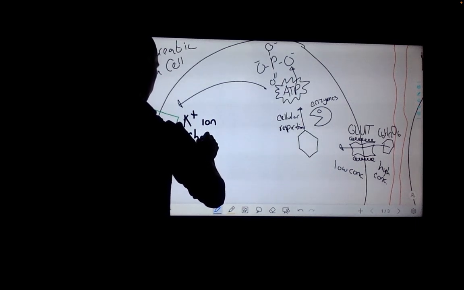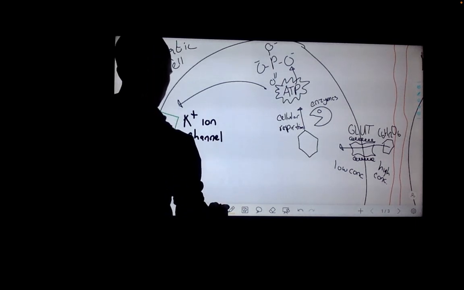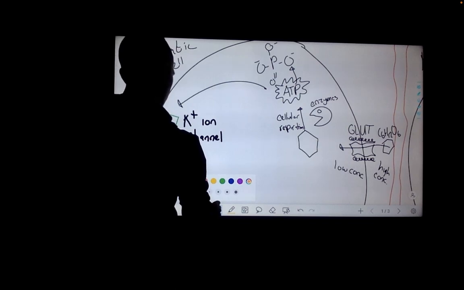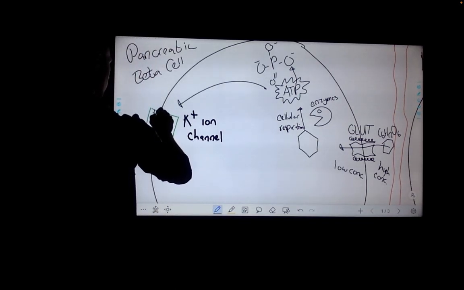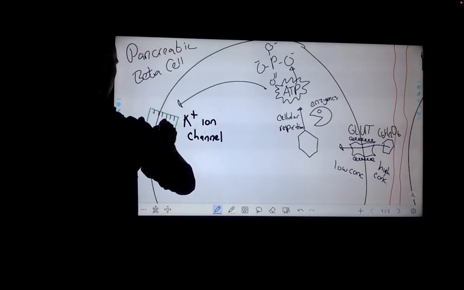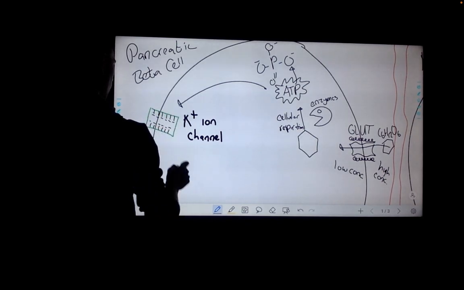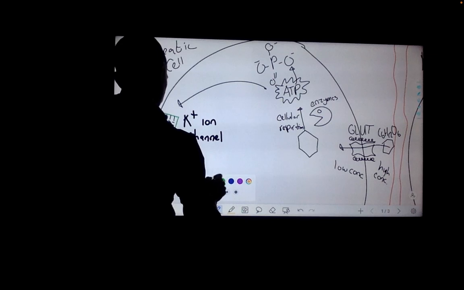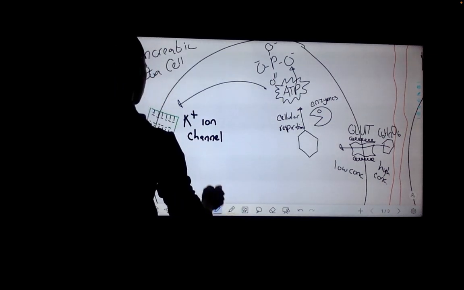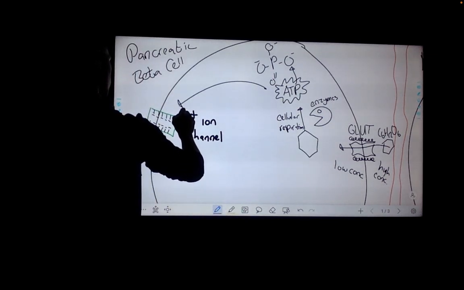This is a potassium ion channel, which means it's a protein that looks like a tunnel, and it allows positively charged potassiums in and out of the cell. That probably means that the inner lining of that tunnel will have a lot of R groups that are negatively charged, because potassium is a positively charged atom.